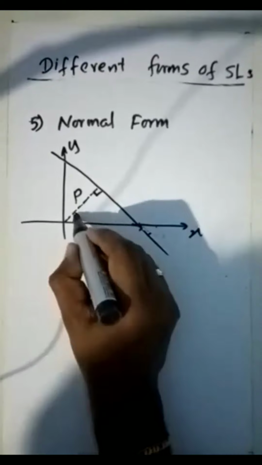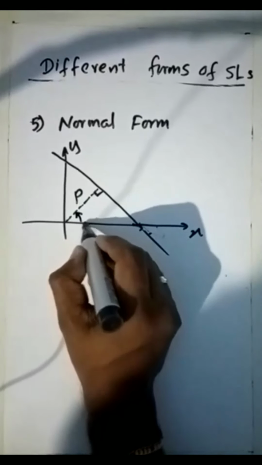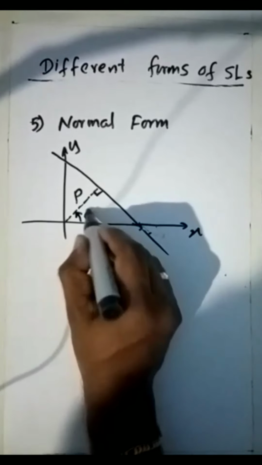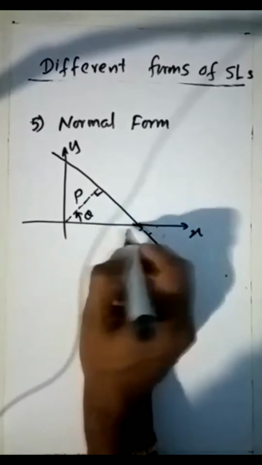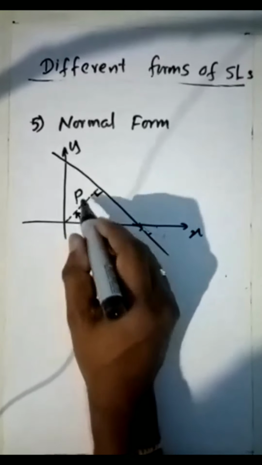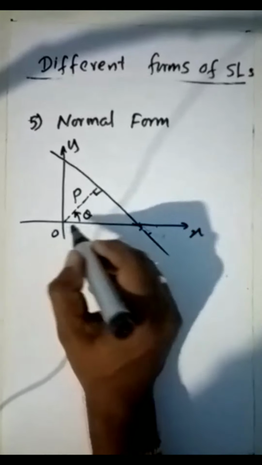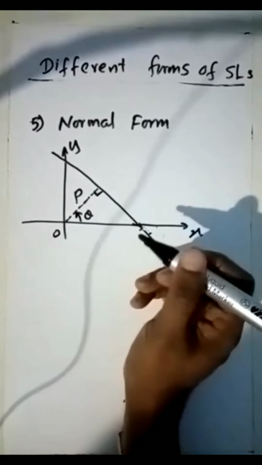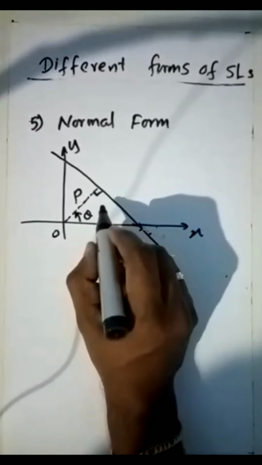And further, here anticlockwise sense angle given alpha, anticlockwise sense from the positive direction of the x-axis, that's for perpendicular distance. Okay, here also take this on all.